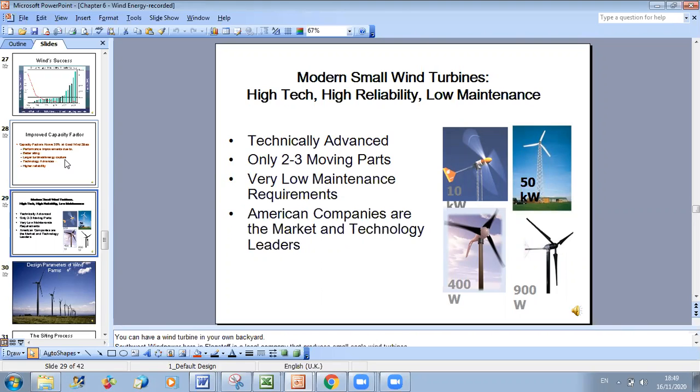We can have more than 3 blades, but 3 blades was shown to be the most efficient, because you reduce the weight this way, and at the same time you can obtain very good performance. So the majority of wind turbines are designed based on 3 blades. And this design requires very low maintenance and presents good performance.